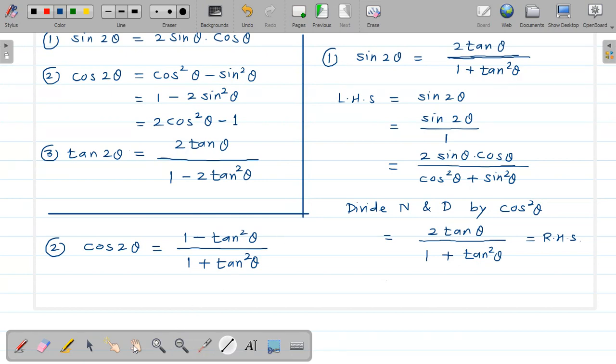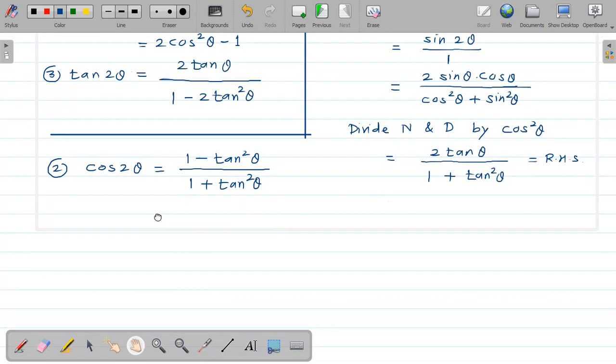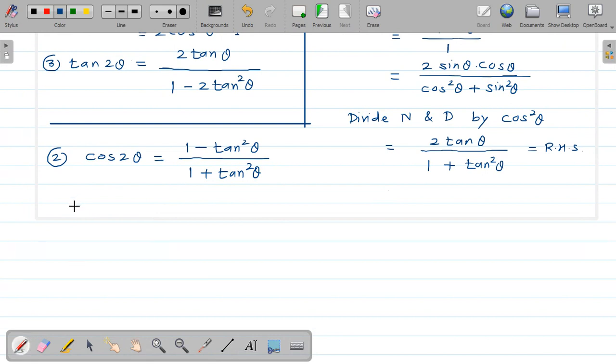Again we will discuss the proof of this formula also. So you take the LHS. LHS is cos 2 theta. Now I will express this LHS as cos 2 theta upon 1, to get the required modification here.